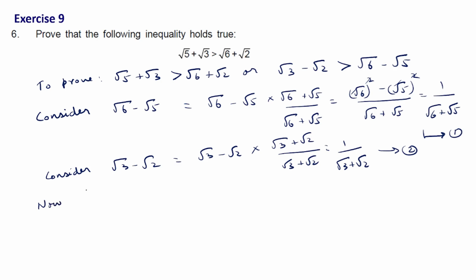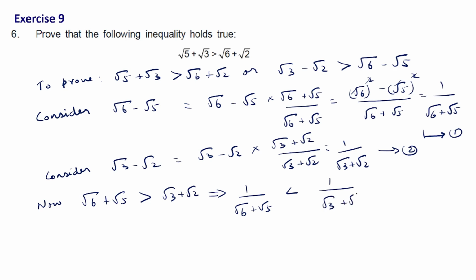Now √6 + √5 is greater than √3 + √2. This is obvious. So from this 1/(√6 + √5) is less than 1/(√3 + √2).